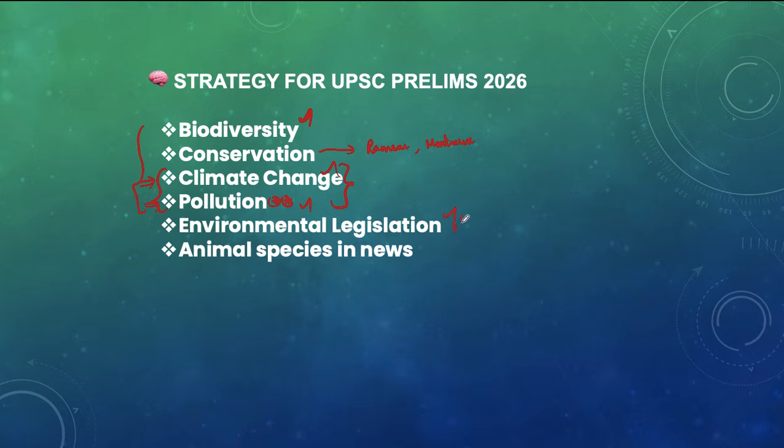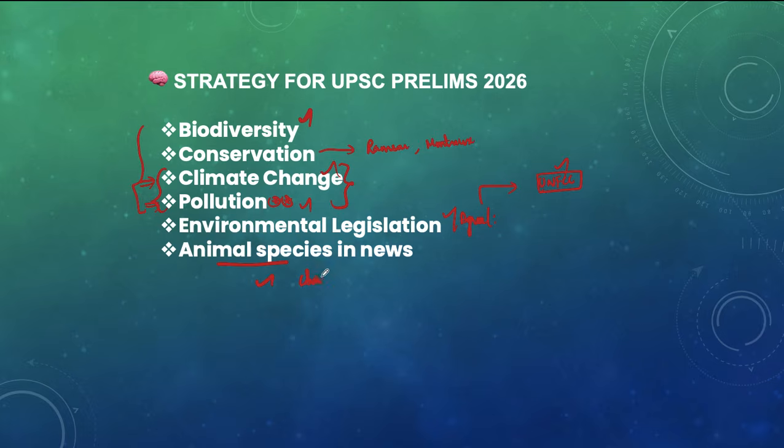And while reading the environmental legislation, try to cover the agreements also. Especially, as I said, the various international agreements related to UNFCCC, where questions can surely be asked from current affairs as well. And while reading the animal species in news, as I said already, try to cover them in an organized manner, because you need to read both the conventional as well as the current affairs material.